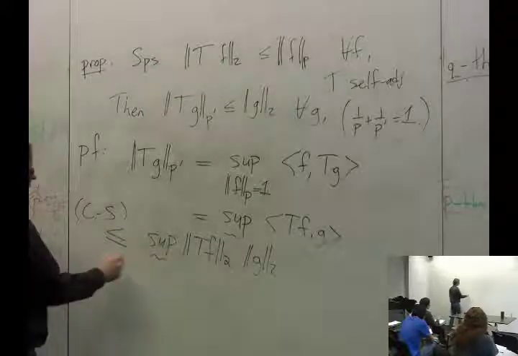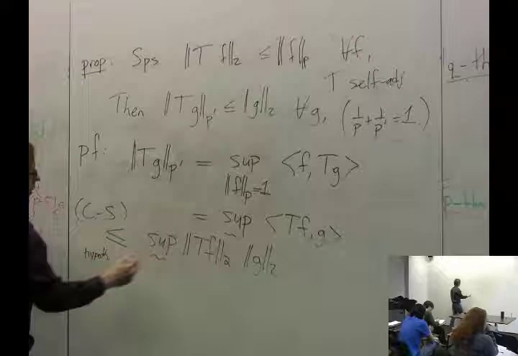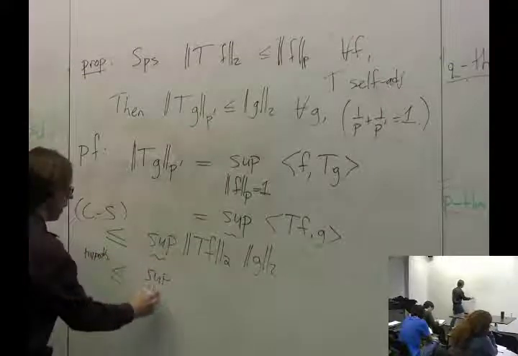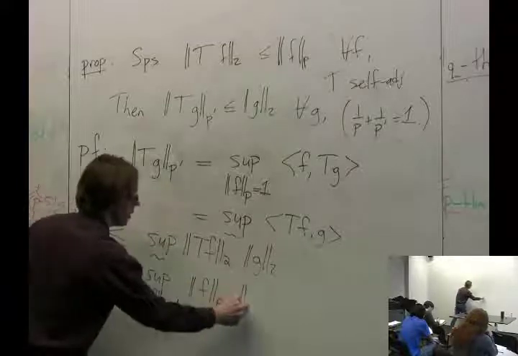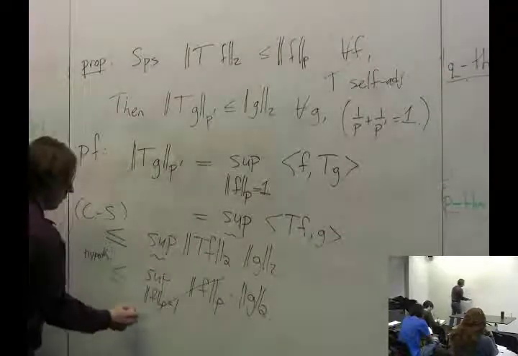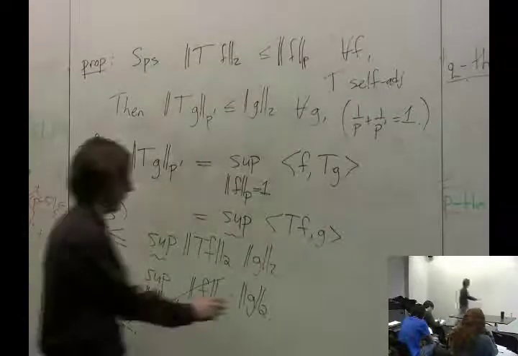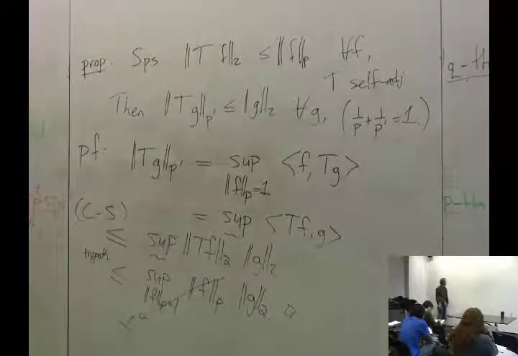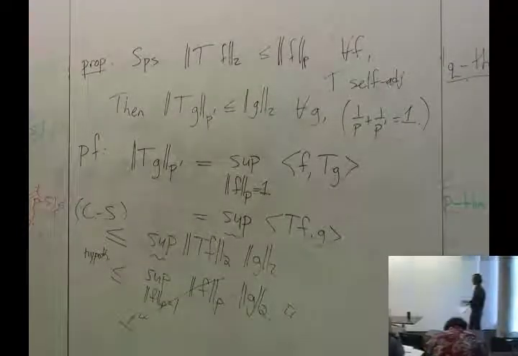And now I use this hypothesis. By hypothesis, I can bound this. This is the sup over f of P norm 1 of the P norm of f times the 2 norm of G. Okay, and then this is all 1. So that's it. If anybody knows a nicer way to deduce this, well, maybe this is nice, but that's the deduction. Let me know.